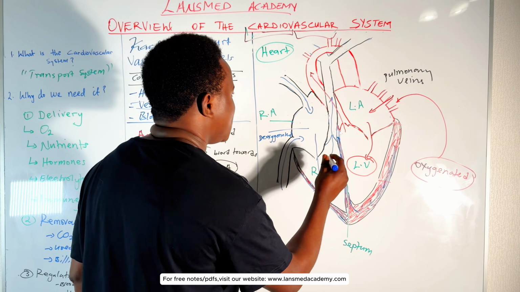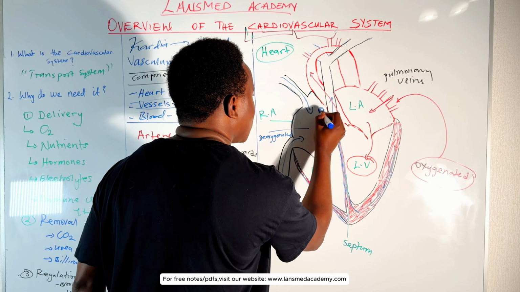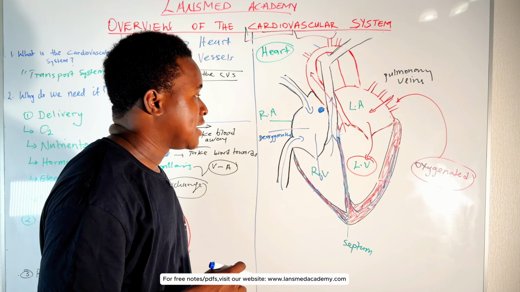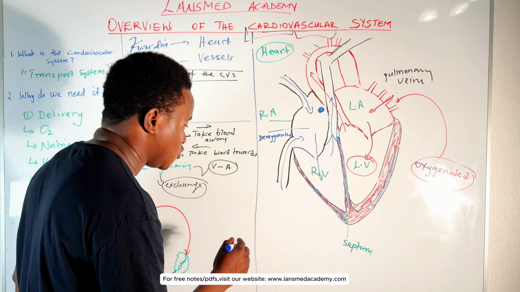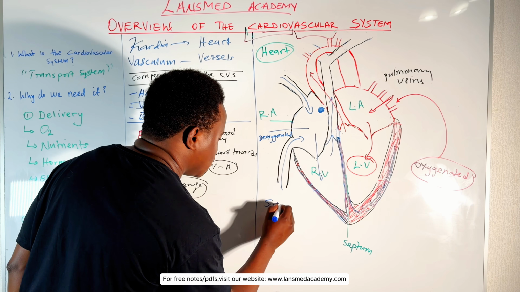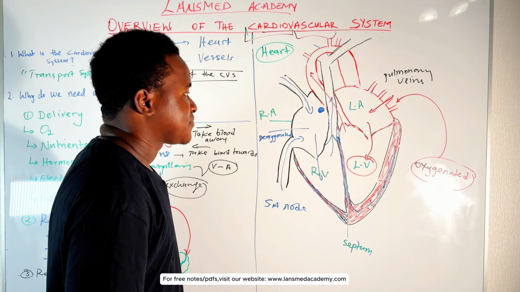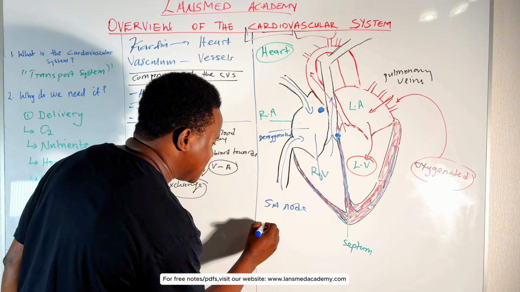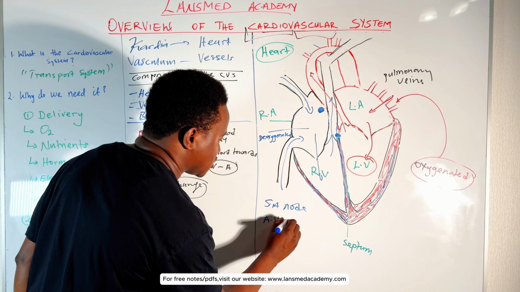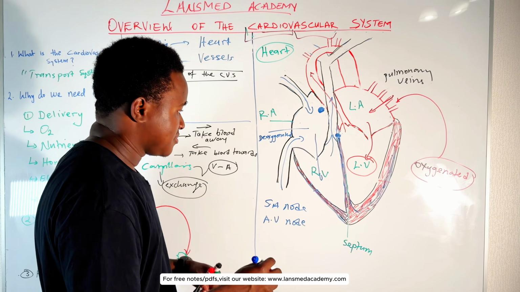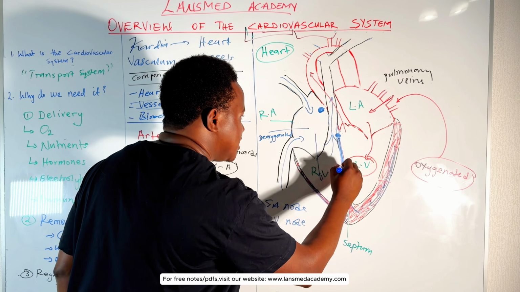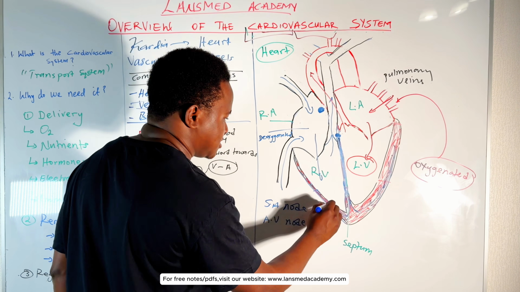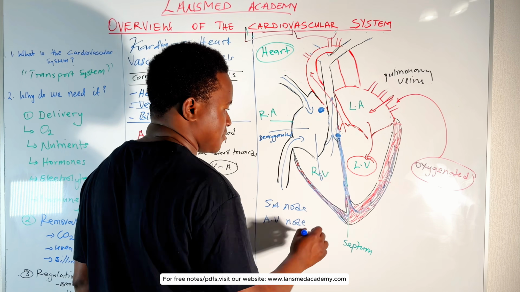Literally, we have one of the pacemakers here in the atrium, and this pacemaker is called the SA node, sinoatrial node, right? Then there is another pacemaker here, called the AV node, atrioventricular node. Then we have the bundle of His, and this bundle of His has two branches: the right bundle branch and the left bundle branch.